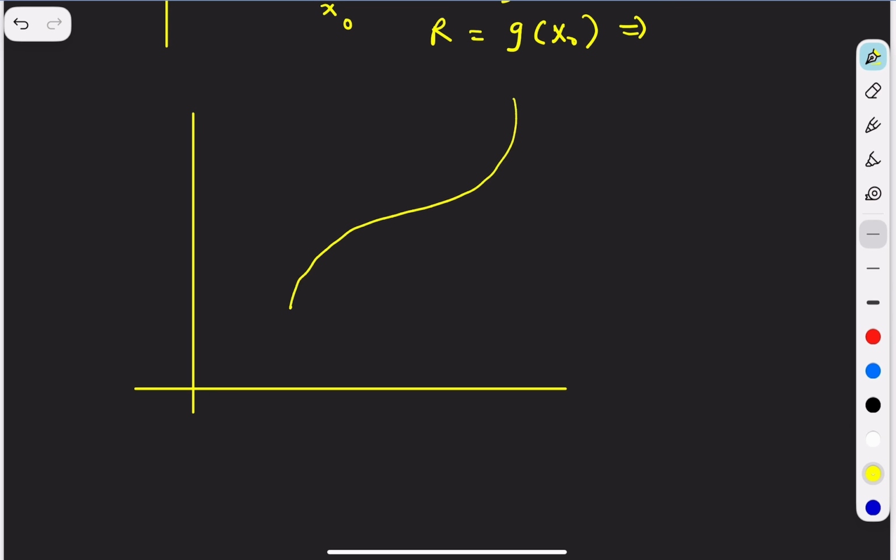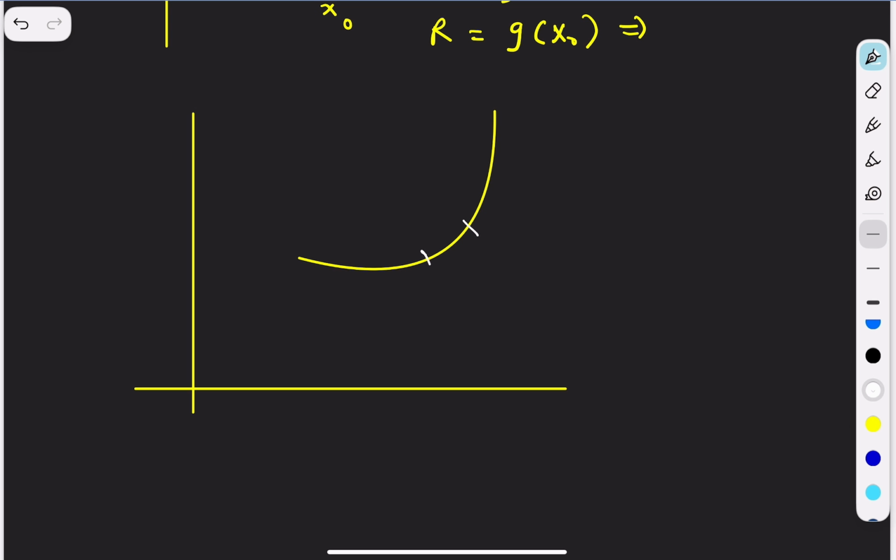Let me draw it like this so that it becomes a little easier to showcase. Suppose I want to find the radius of curvature of this segment.